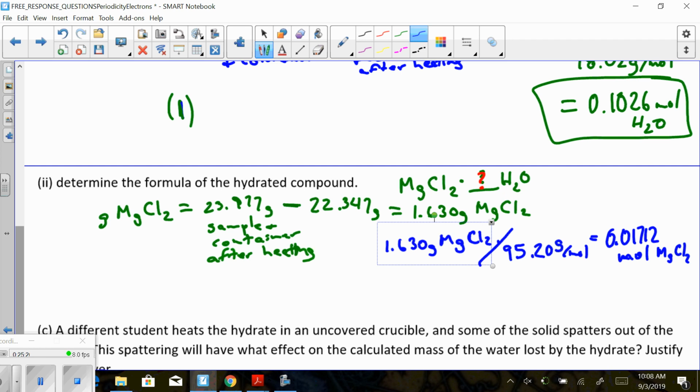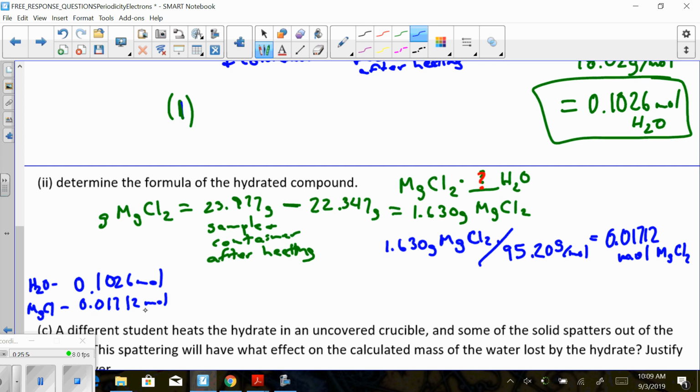And so if we divide both of those by the smallest number of moles, our water is 0.1026 moles, and our magnesium chloride is 0.01712 moles.